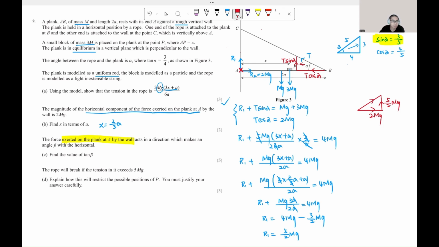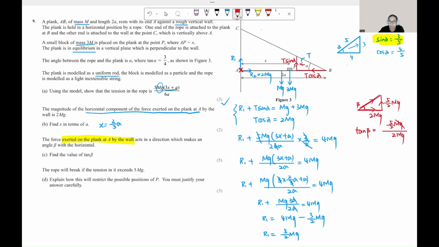And we're looking for the angle beta, which makes an angle with the horizontal. So that's the force, that's the horizontal. So this would be the angle beta. And they want us to work out tan beta. So then tan beta is equal to opposite over adjacent.